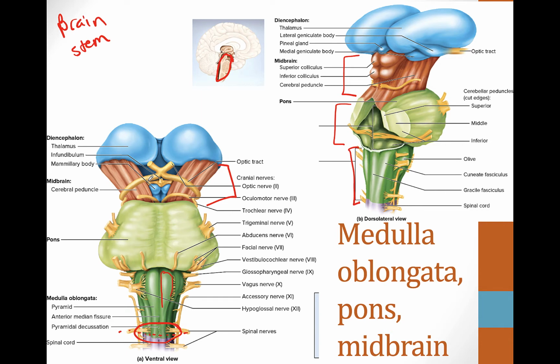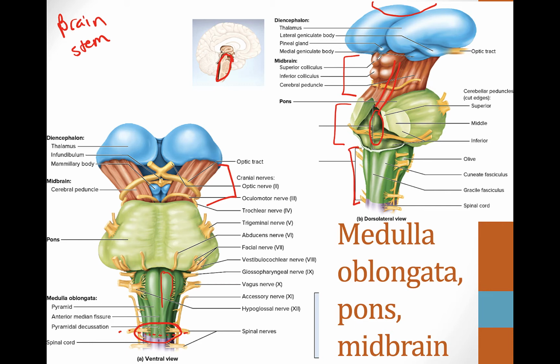Inside of the midbrain, we also have the cerebral aqueduct. So here's the fourth ventricle here, and then that cerebral aqueduct is going to run up inside of the midbrain to get up to the third ventricle, which is going to be up here.